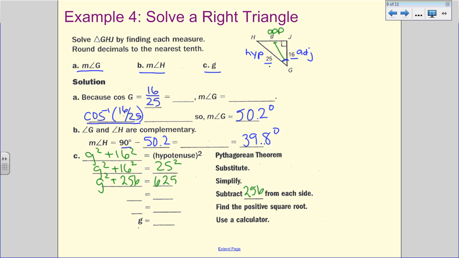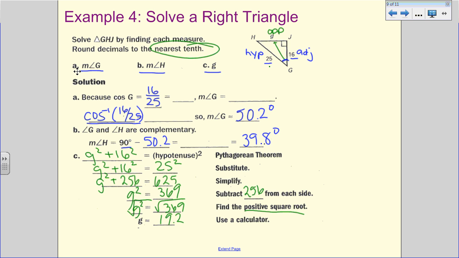So g squared is equal to, let's see, 625 minus 256 is equal to 369. Take the positive square root, so you're going to take the square root of 369. Once again, round it to the nearest tenth. They're using that direction for everything. So the square root of 369 is 19.2.